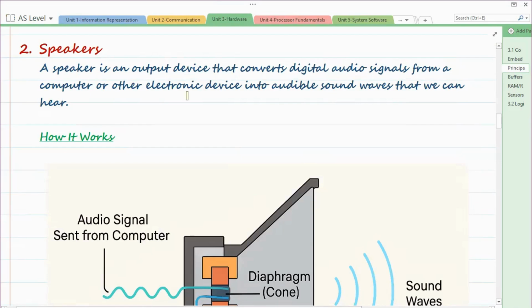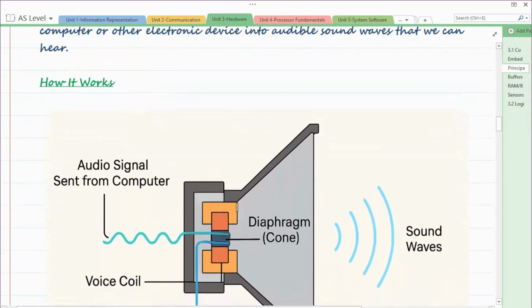So if they ask you to describe a speaker along with the working principles, you can always mention this much as part of the description. Now, the main thing is how it works. What are the principal operations of speakers? That is what we are going to understand.